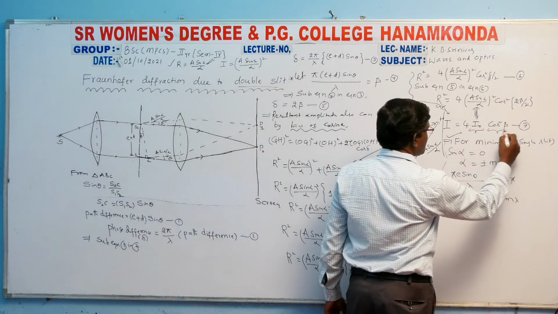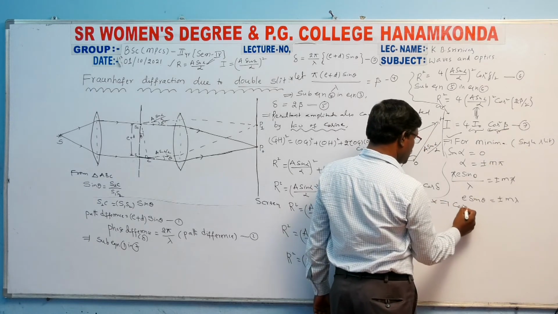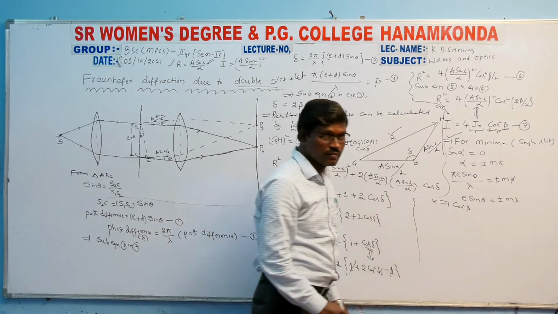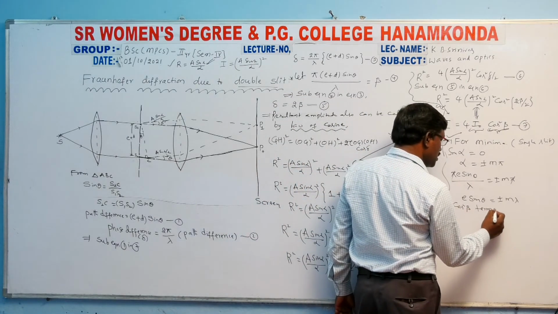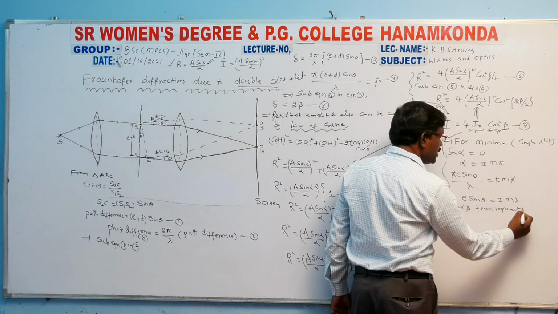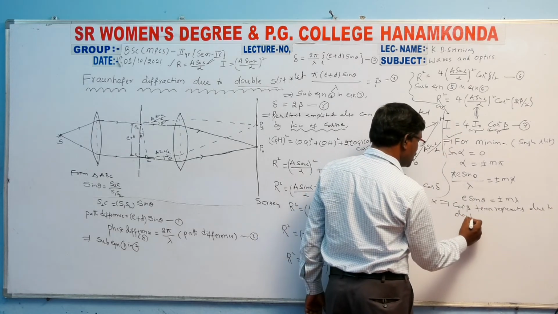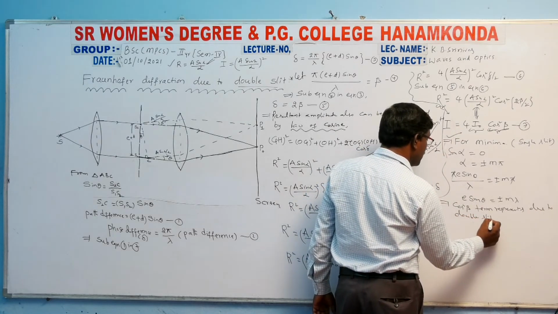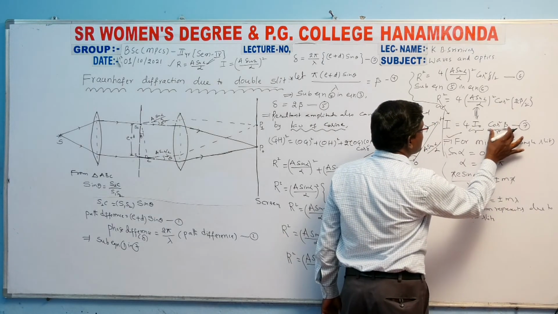Coming to this term. What is this term? Important term: cos square beta. The cos square beta term represents intensity due to double slits, both the slits. The second term represents that due to double slits.